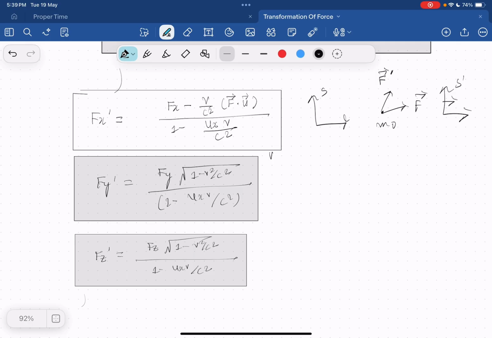And if you know f in S, then you can find the f prime vector in S prime frame using these relations.